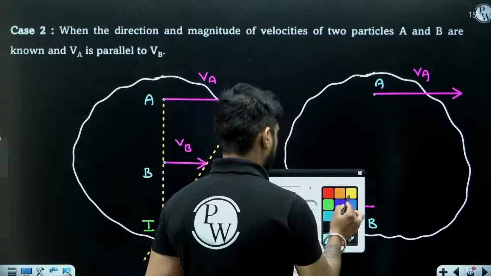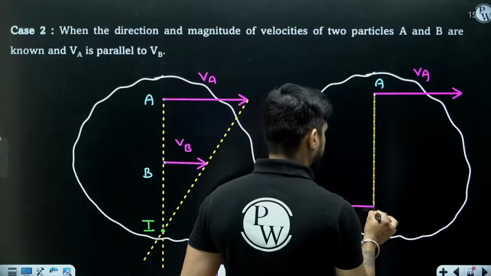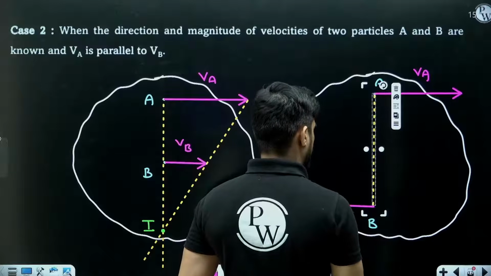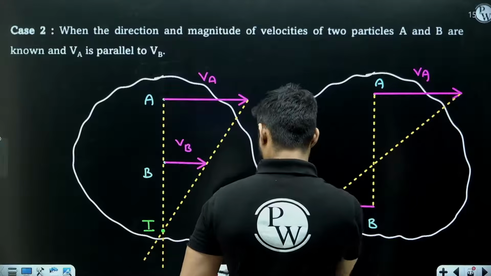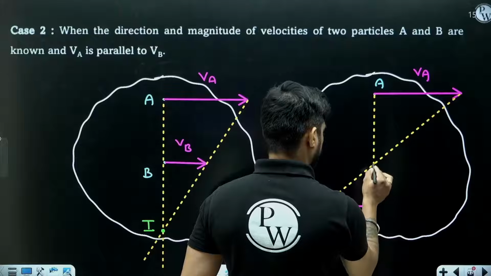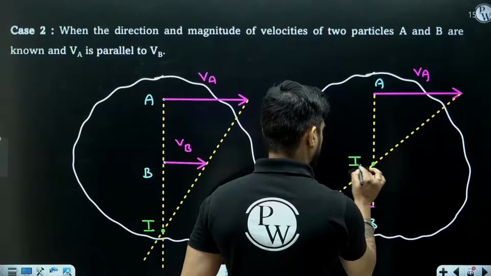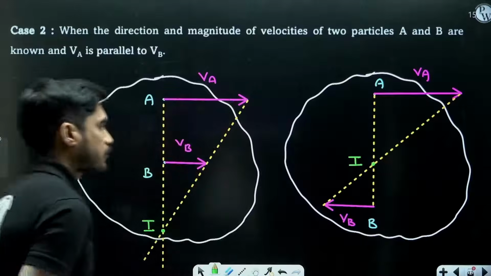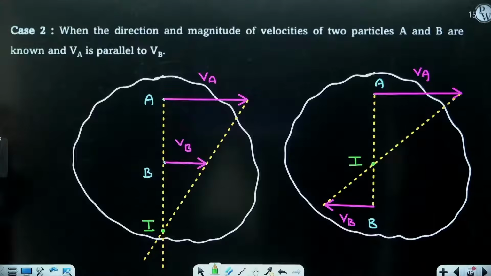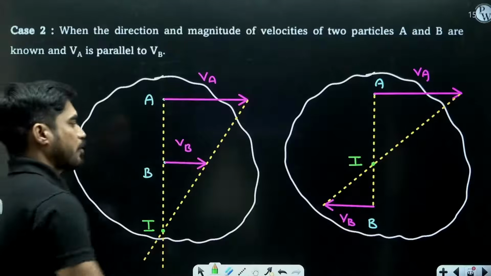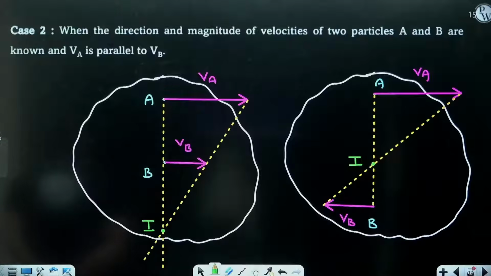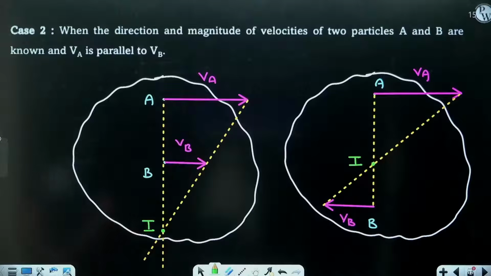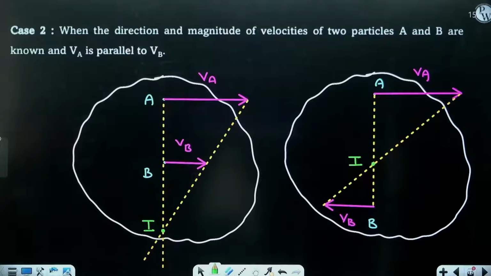One line connecting A and B, another line connecting the heads of VA and VB. So in this case, the I center will lie between A and B. So once you get the I center, you can easily find the velocity of any point. So this is case number 2.